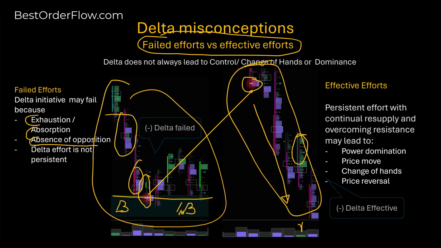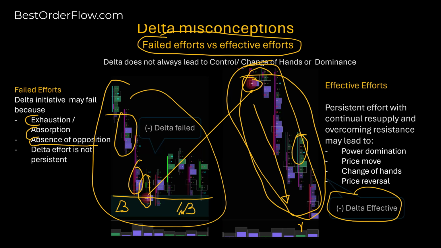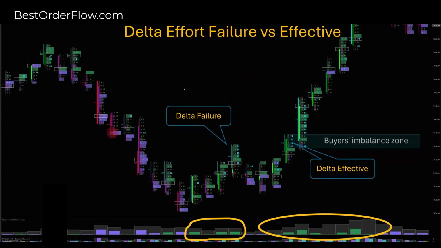So we need to distinguish between these two. This delta becomes more effective because of the other situations on the chart. So the effective efforts and the failed efforts, that's what we need to constantly ask ourselves. Does the delta have a reaction? Is the delta effective or is it a failed effort?